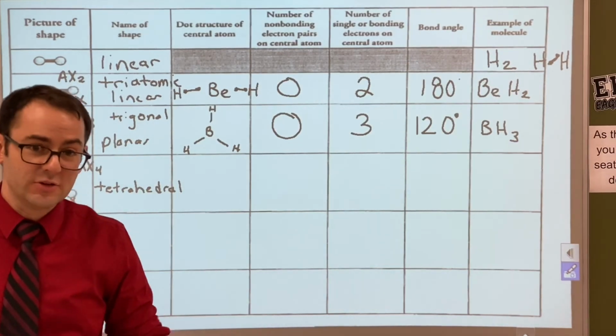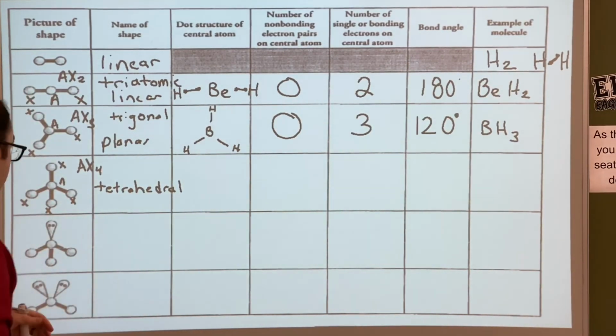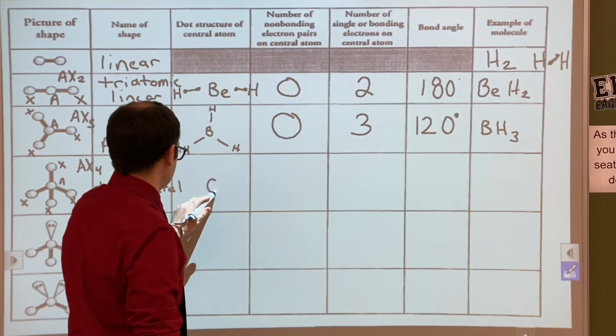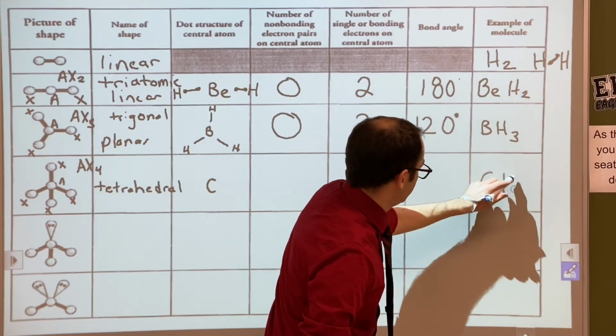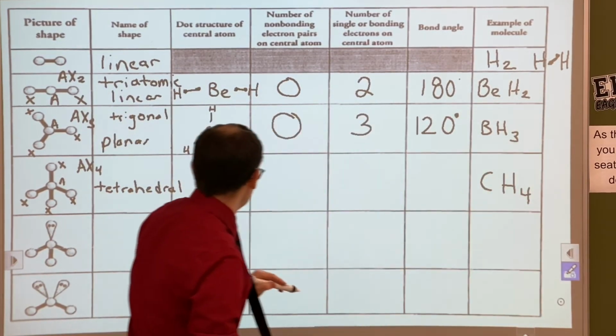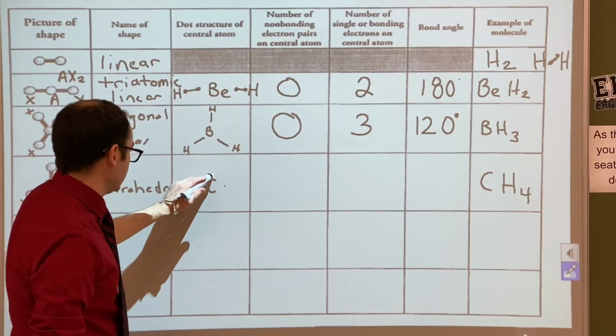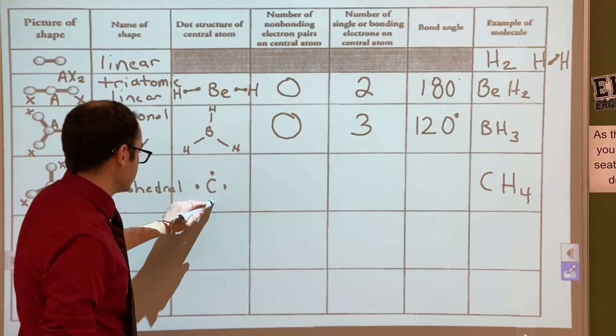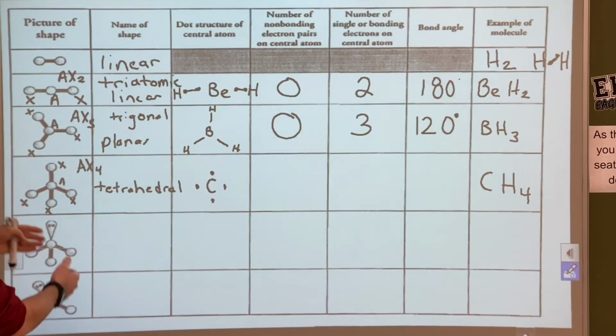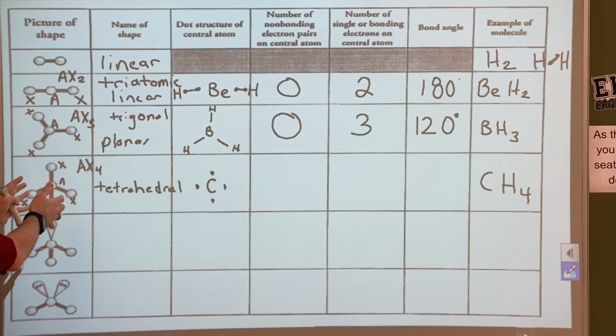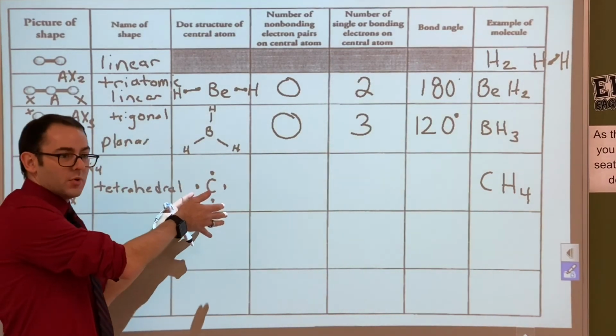How many valence electrons does this have? It's 4, right? Carbon. It's 4. That's where we built CH4. All right. So carbon has 4. Where are they going to go? Now this is a little bit more difficult because we're drawing this on paper, which is 2-dimensional. This is the shape we want. This is kind of how we're going to represent it on paper.